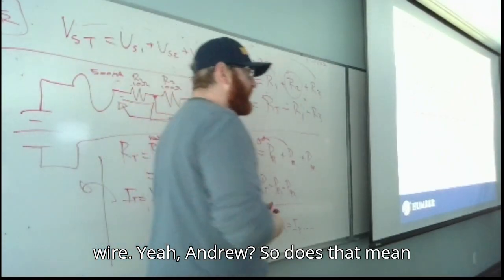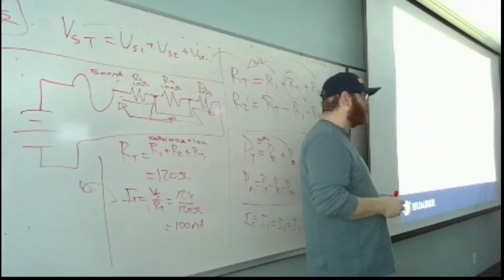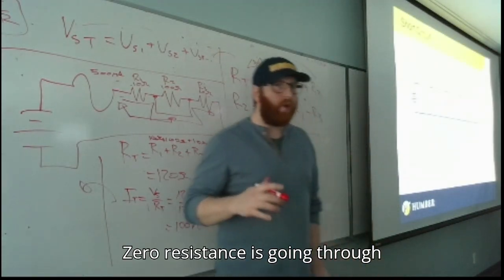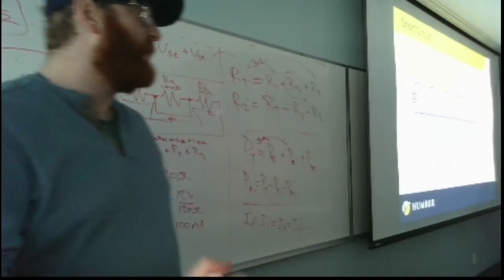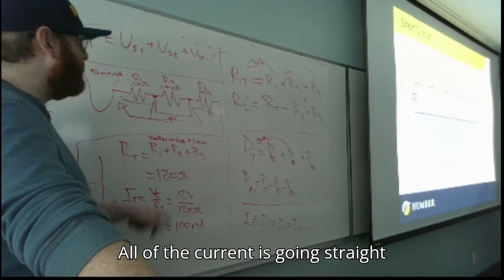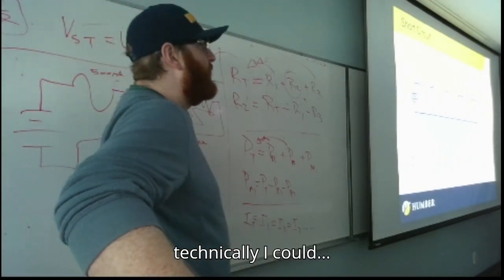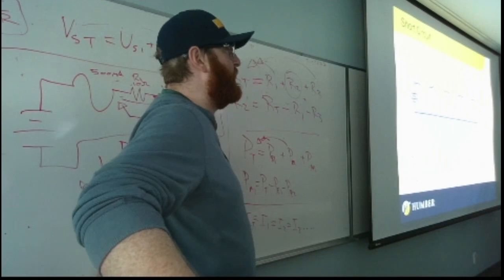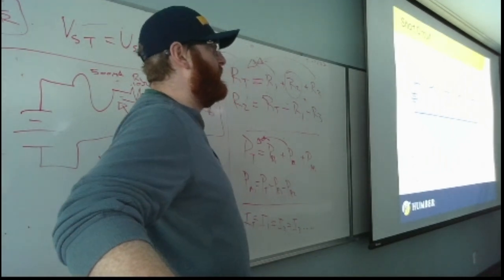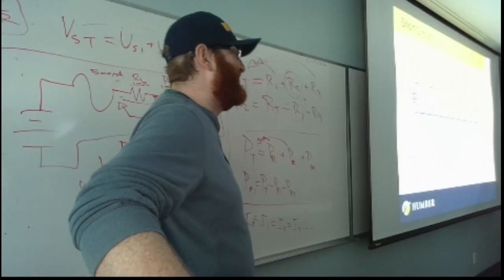Yeah, Andrew? So does that mean there's absolutely no current going through that bypass? 100%. Zero current is going through resistor 2. All of the current is going straight through the bypass of wire. So technically I could, I'm not going to do this, I could stick a fork in the outlet.